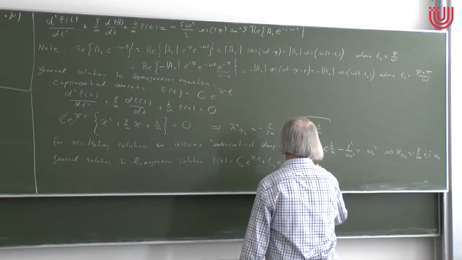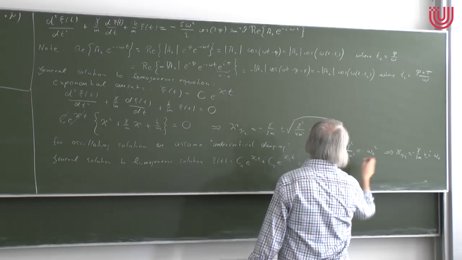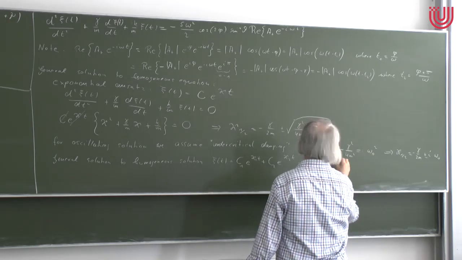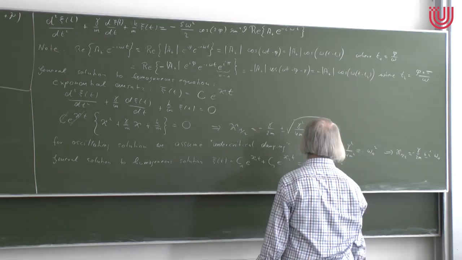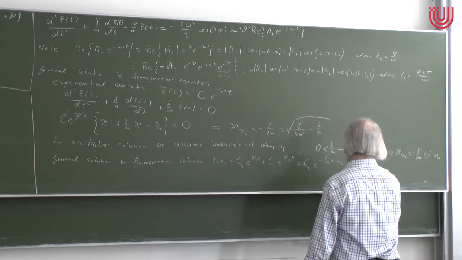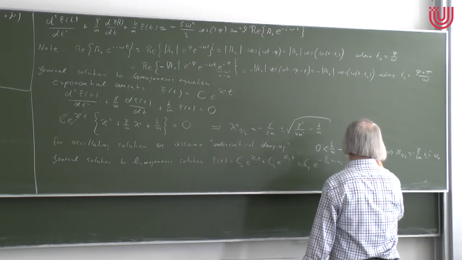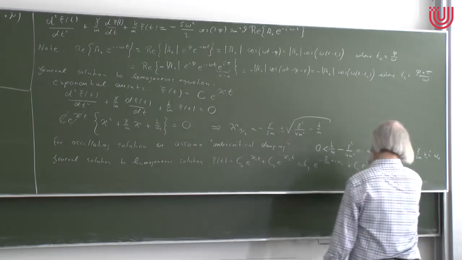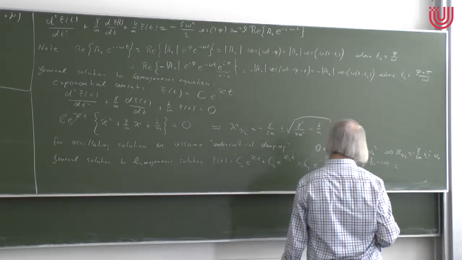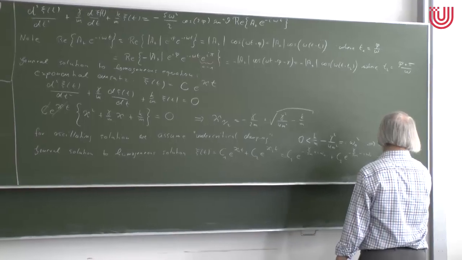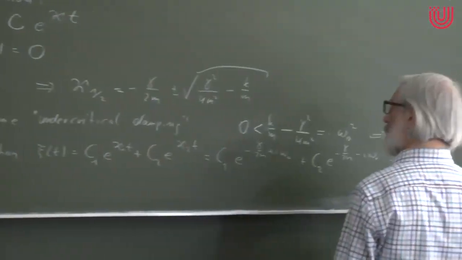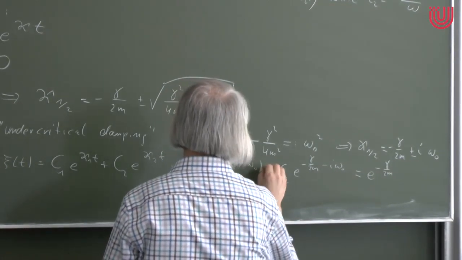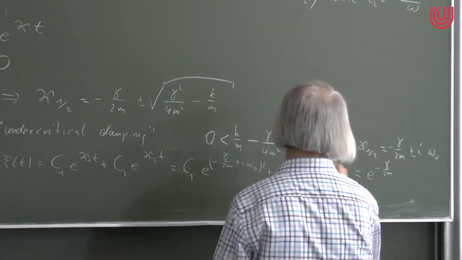C1 e to the minus gamma over 2m plus i omega naught, times t, plus C2 e to the minus gamma over 2m minus i omega naught, times t. And I can put the exponential factor with the gamma right in front of everything.